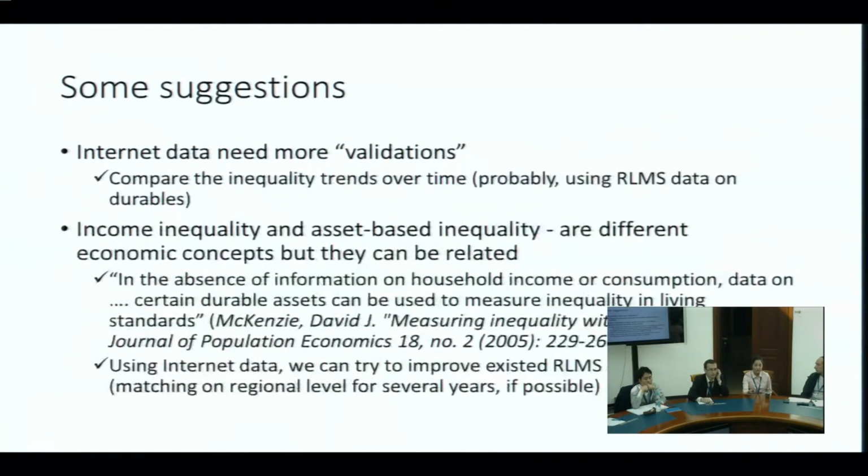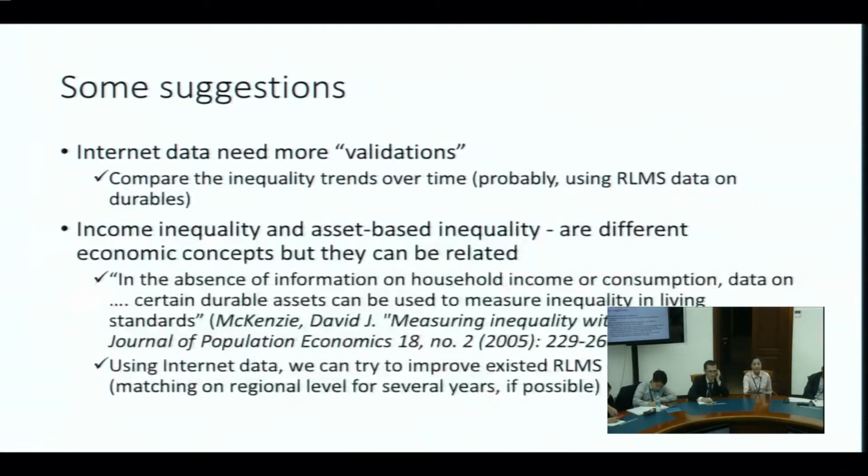Some suggestions. I think it's very promising to use internet data as one of the alternative resources, but this data needs more validation. You can use RLMS data on durables to compare some trends over time. Income inequality and asset-based inequality are different economic concepts, but at the same time, the study shows that they can be related.